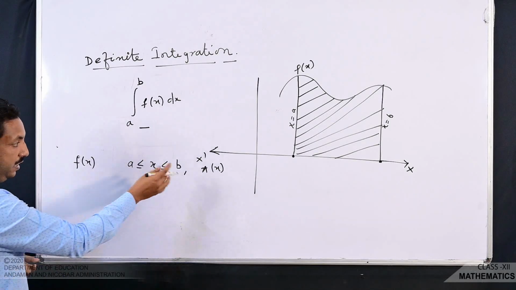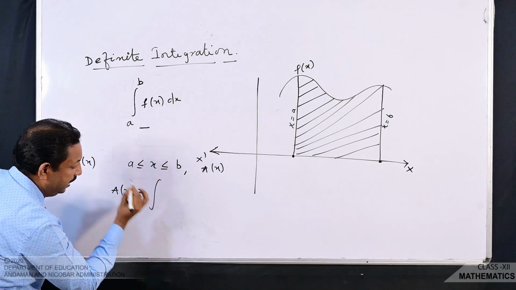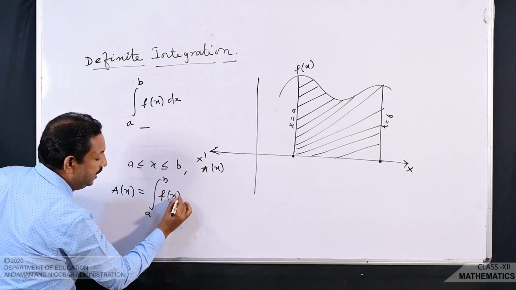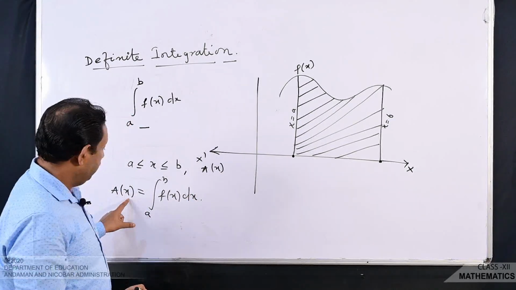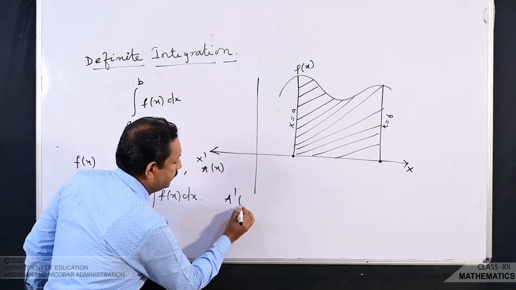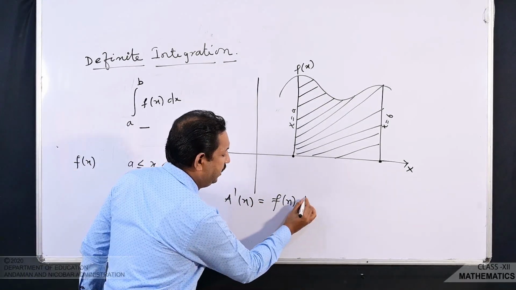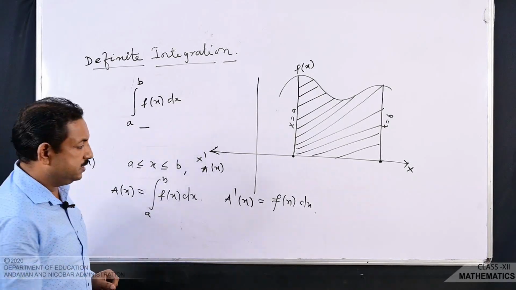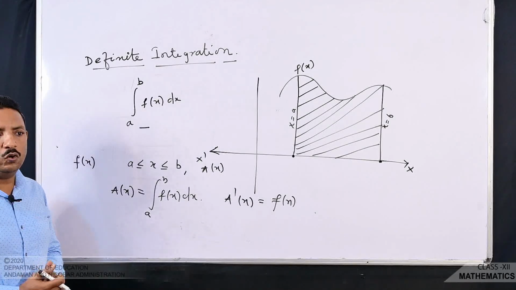Then the area function A of x is given by integration of a to x f of x dx. Then A dash of x is equal to f of x. So, this is the first fundamental theorem of integral calculus.